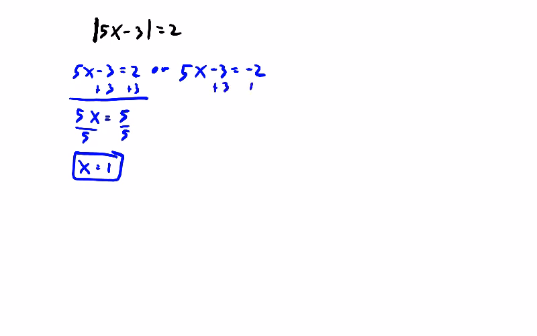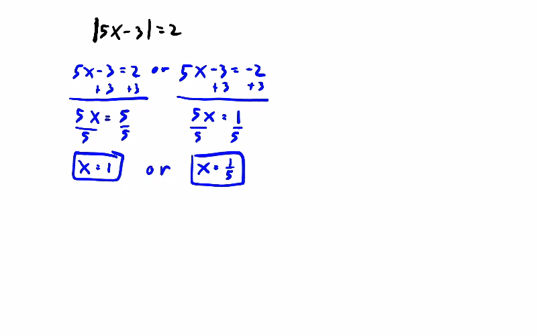But we could add 3 to both sides here, and we could get that 5x is equal to 1. And therefore, if we divide both sides by 5, x would be 1/5. So either 1 or 1/5, when substituted for x, would make the absolute value equal 2.